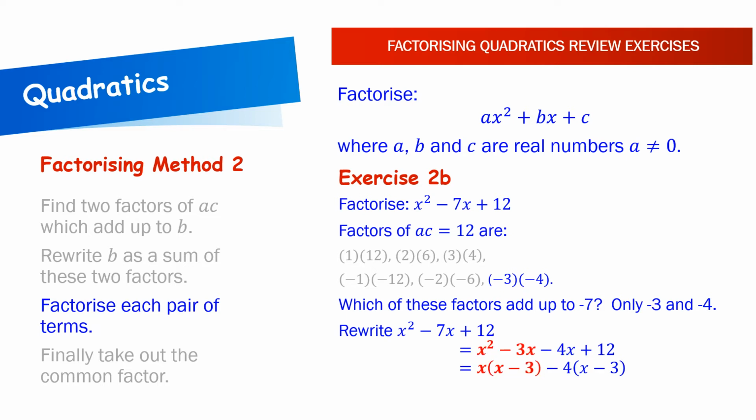So x squared minus 3x becomes x times x minus 3, and minus 4x plus 12 becomes minus 4 times x minus 3. As you can see, x minus 3 is common to both parts, so we take out the common factor, as shown. And x minus 4 is the other common factor.